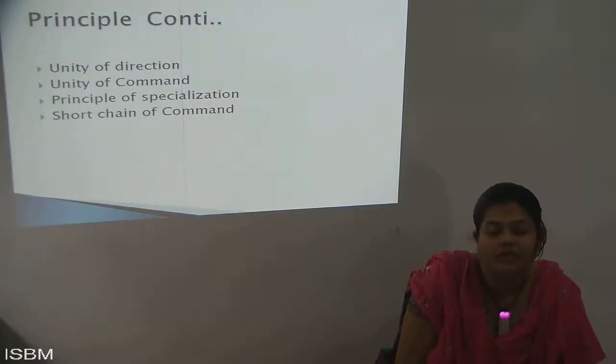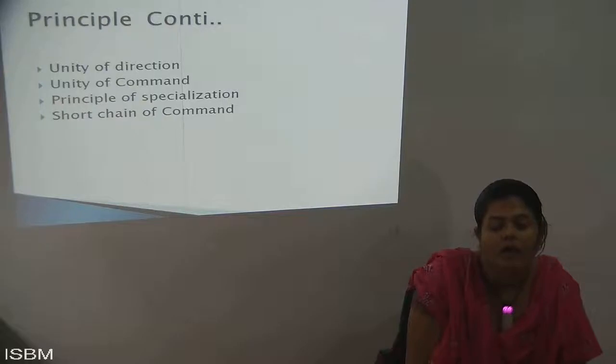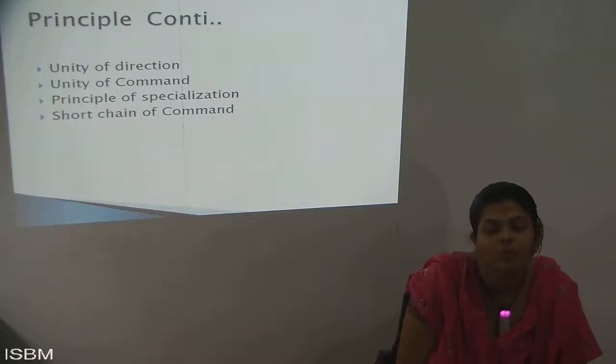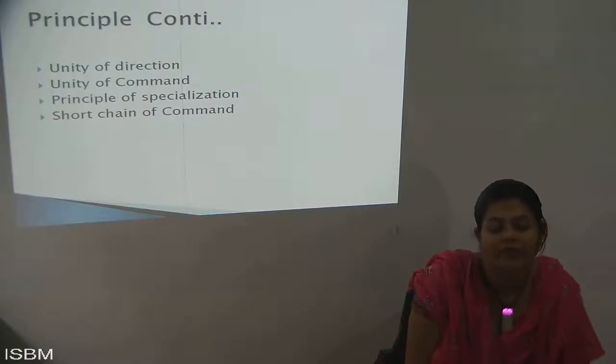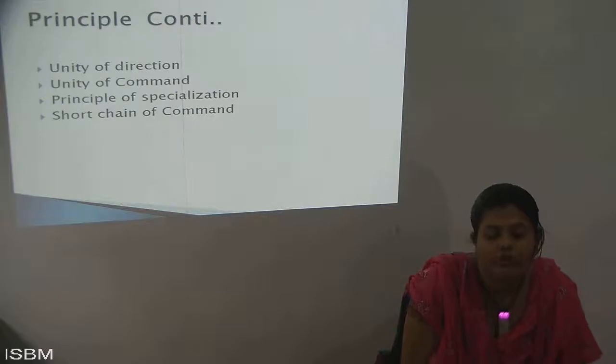In this we have learned one more concept, directing. Directing means people will be directed on which concept to know about, which to analyze, and finally how to identify each and everything. So there should be proper unity of direction.